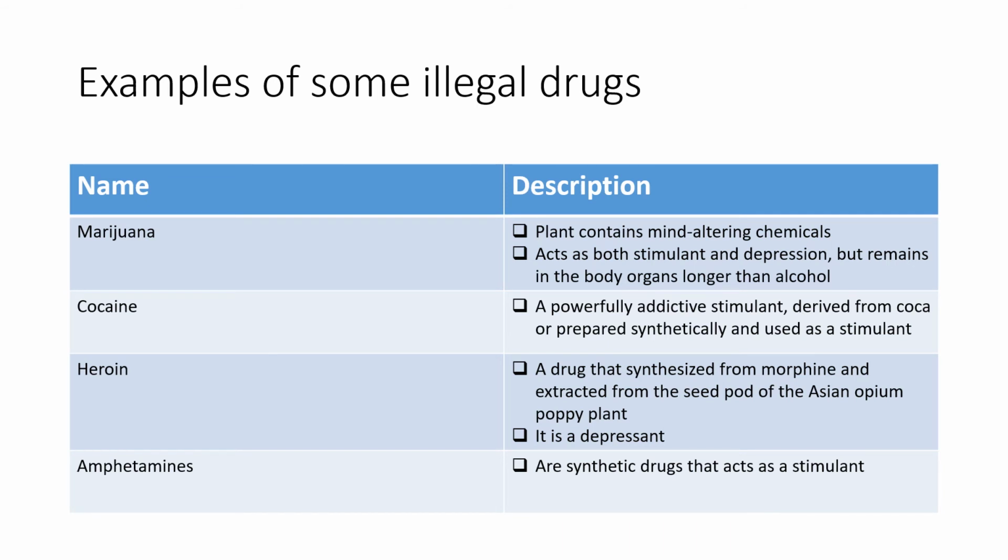Cocaine is a powerful addictive stimulant derived from coca or prepared synthetically. Heroin is a drug synthesized from morphine and extracted from the seed pod of the Asian opium poppy plant.